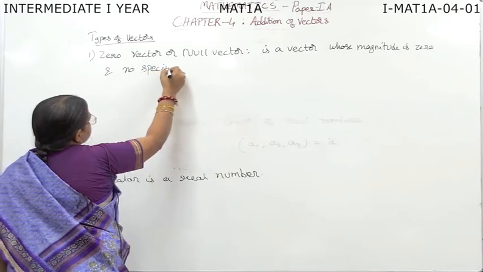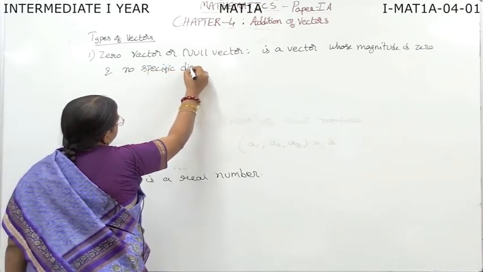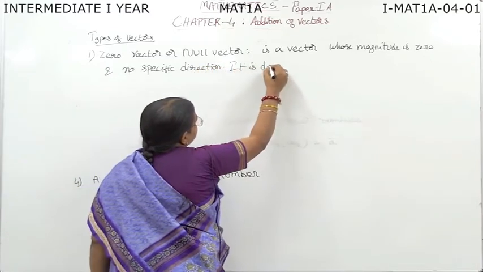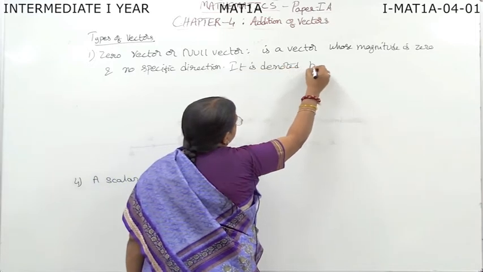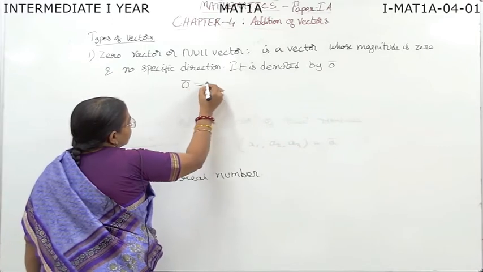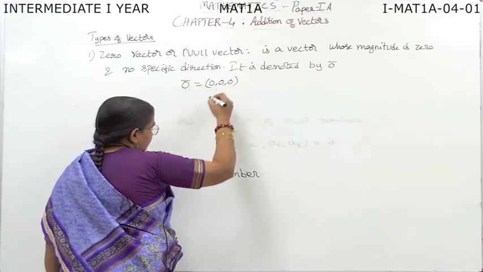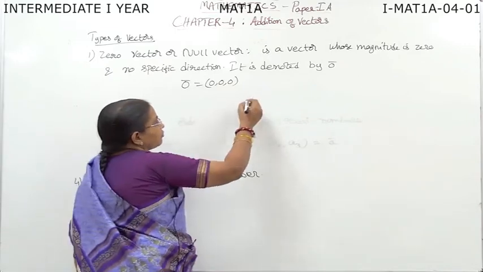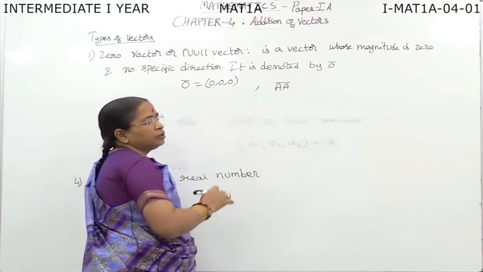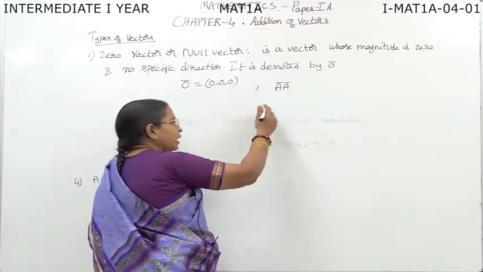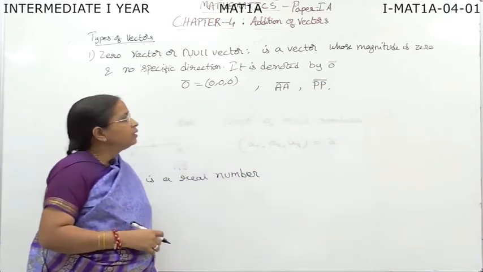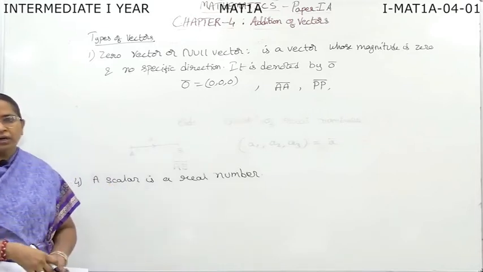Now it is denoted by just a 0, like this. So zero vector is equal to (0, 0, 0). In terms of the notation AA, initial and terminal point coincide. So you can also denote a zero vector like this, AA or PP. Initial and terminal points are both the same. So this is about zero vector.